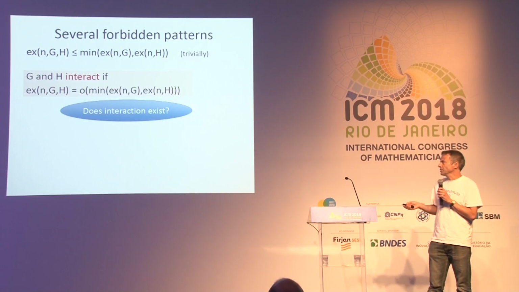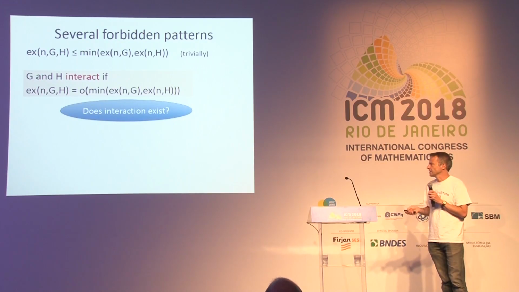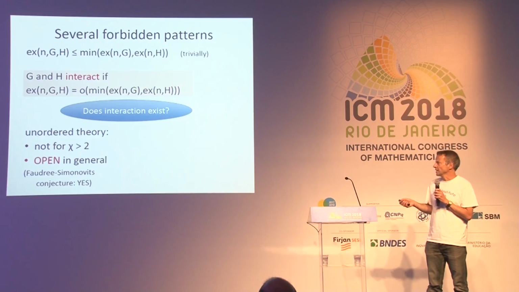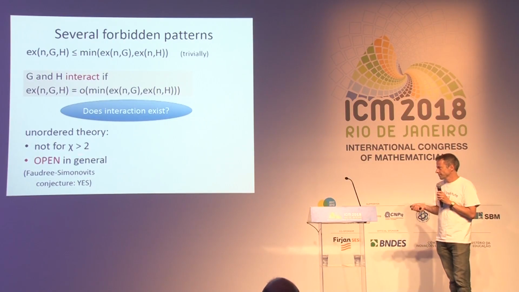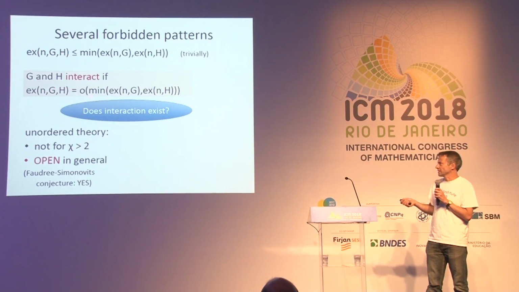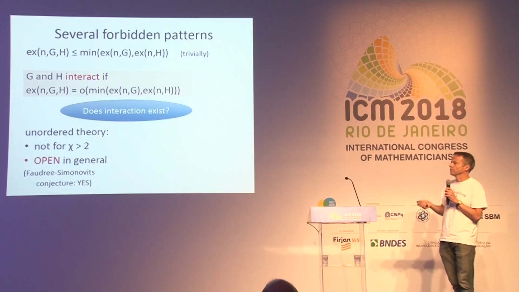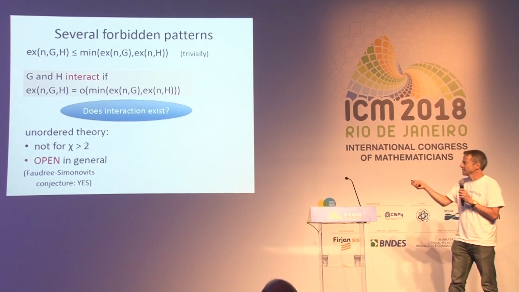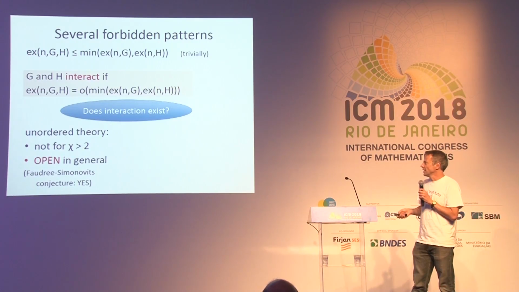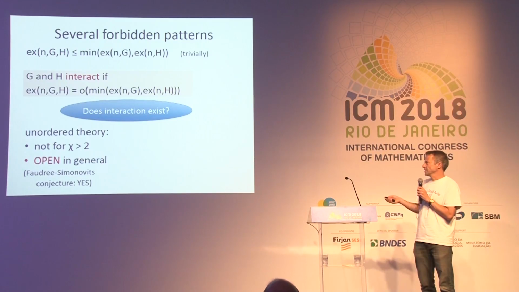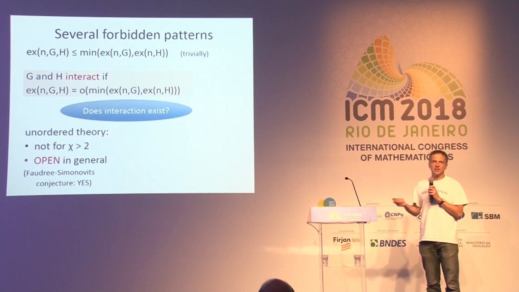And we don't know if this exists in the classical theory. In the non-bipartite case, we know that not just little o is impossible, but it's asymptotically the same. So even the constant is 1.